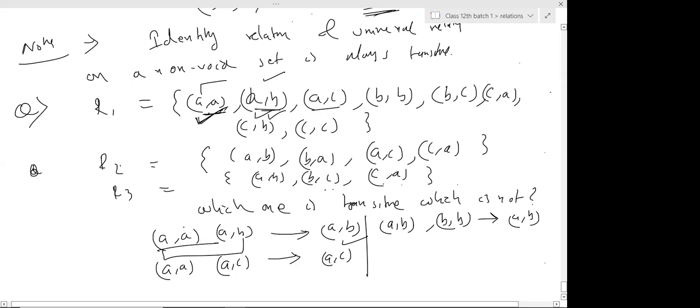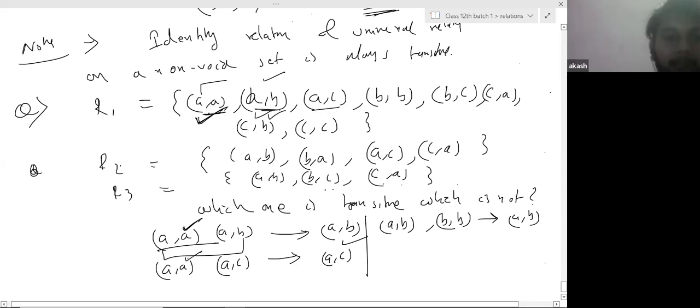Now look at all the elements that start with the second element, make the pairs and take the first and the last. This is the step to solve, but don't just remember the step, understand this thing. If (A,B) is there, (B,B) is there, then (A,B) must be there.